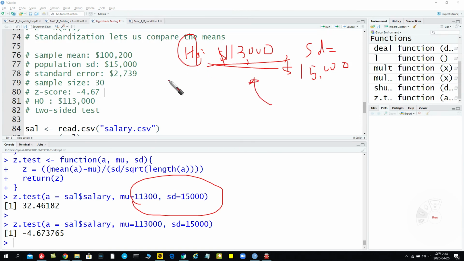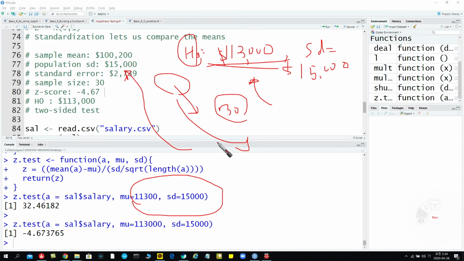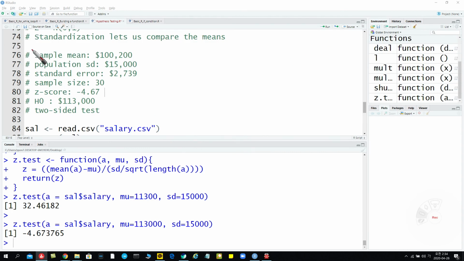We have more than 30 samples, and we experiment to support rejecting this null hypothesis. The sample mean is $200,000. The population standard deviation is $15,000.